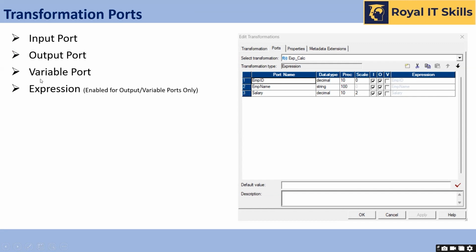So we have input port, output port, variable port, and expression. Expression is enabled only for output or variable ports. For variable ports and only output ports, we can write expression. If it is an in and out port, we cannot write expression.